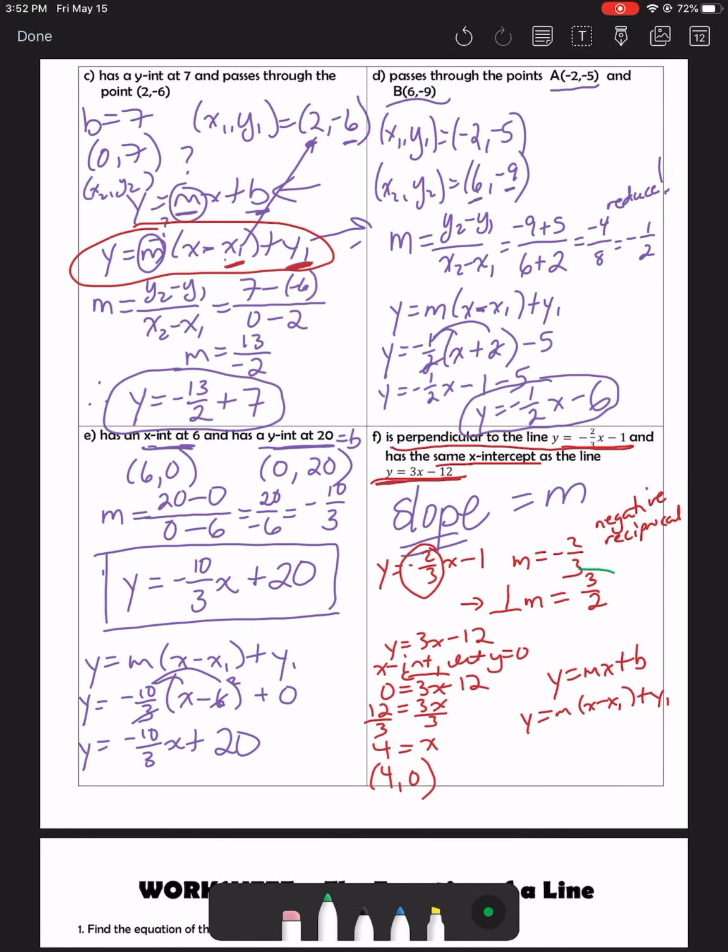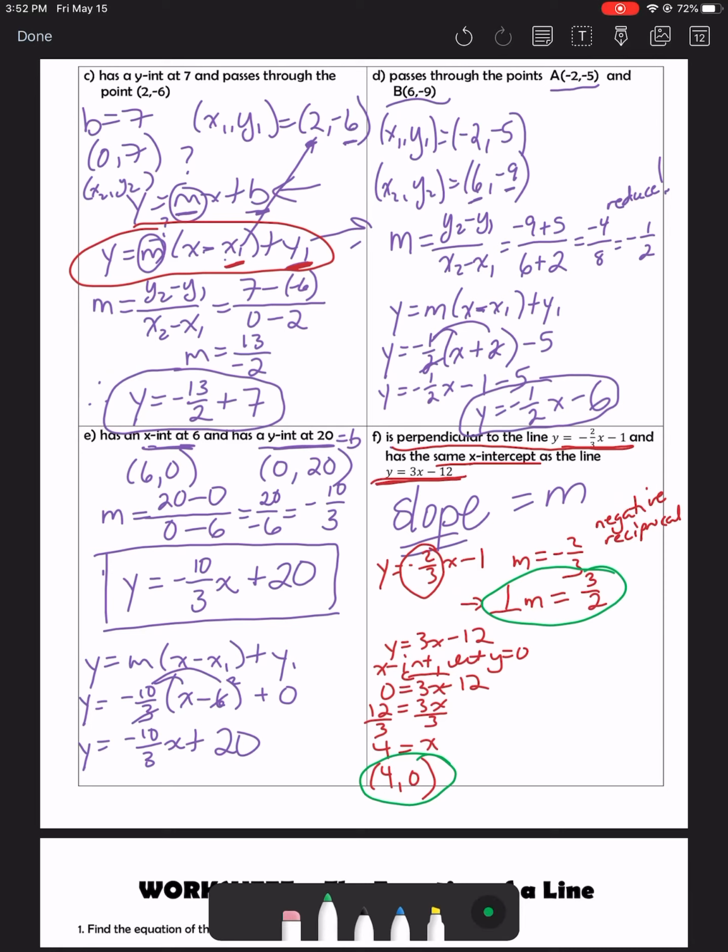We've got the slope, and we have the x-intercept. Which one of those two can we use? If you said y equals m(x minus x1) plus y1, you are correct. We cannot use this one. We don't know the y-intercept. Don't use it. So I'm going to erase this because I'm running out of room.